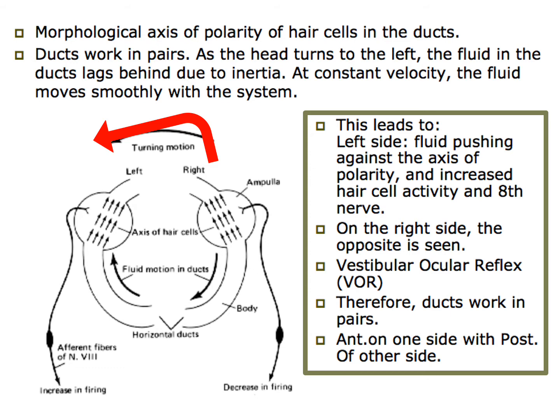What that means is on the left-hand side, the cranial nerve 8 afferent fibers within the hair cells of the semicircular canal are going to increase in firing, and the opposite happens on the right-hand side, so you're going to see a decrease in firing. So again, when we're turning to the left, you see a decrease in firing to the right semicircular canals and an increase in firing to the left. It's this information that the brain is going to integrate that will tell us what's left and what's right.